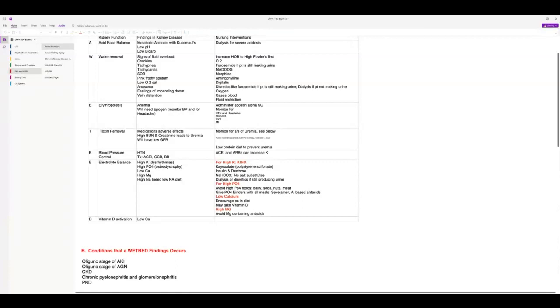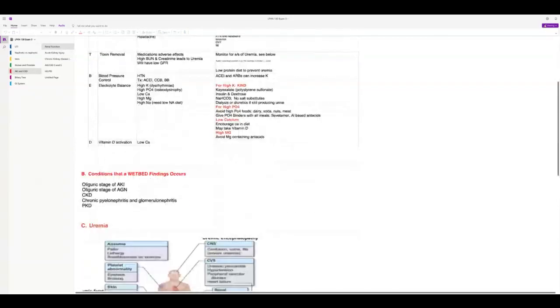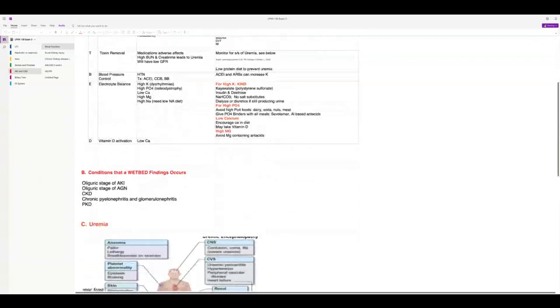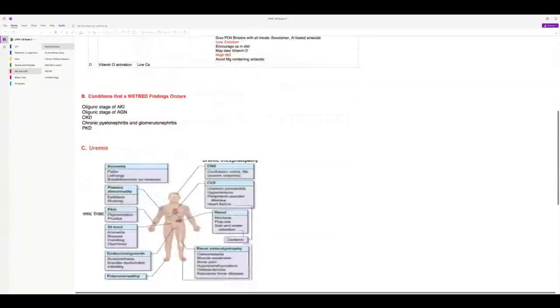So these are the labs you're going to see. Okay, so those are important. And you would see these kind of conditions in a lot of different diseases, like chronic kidney disease, the oliguric stage of AKI. So with uremia, which is very similar in signs and symptoms to cirrhosis, okay, they're caused by different things, but it's the same signs and symptoms.